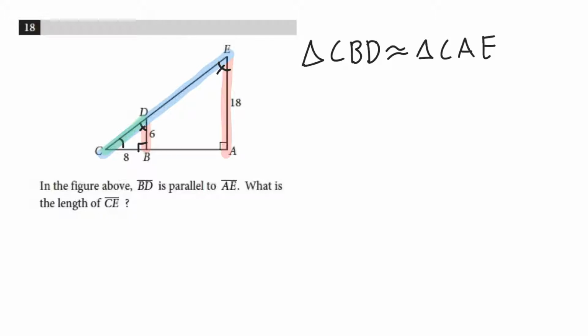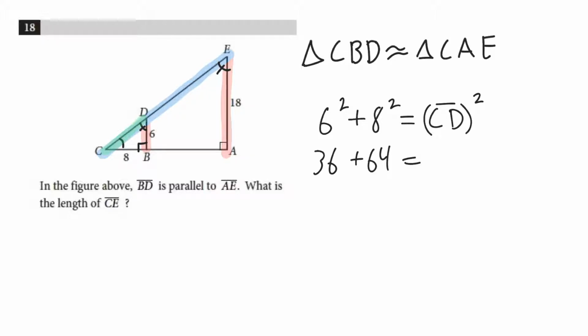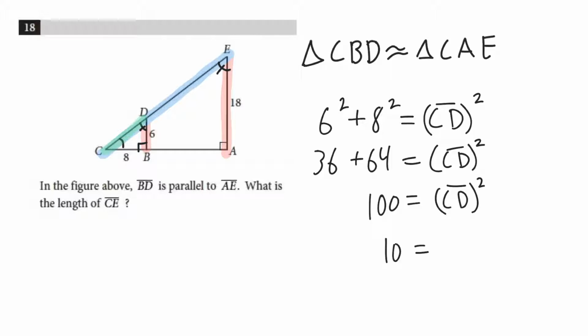Well, for CD we're going to use the Pythagorean theorem. 6 squared plus 8 squared is going to equal CD squared. 6 squared is 36, 8 squared is 64, 36 plus 64 is 100. That is CD squared. Take the square root of both sides. So we know that CD equals 10.